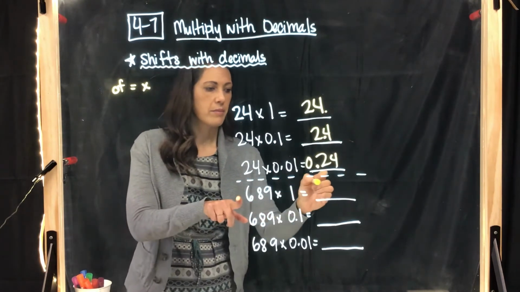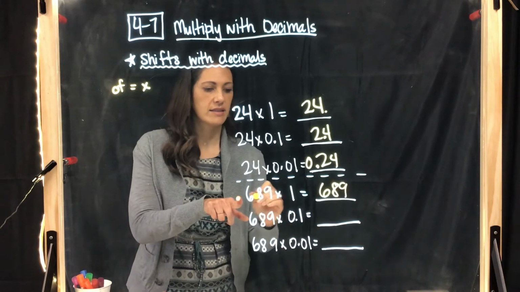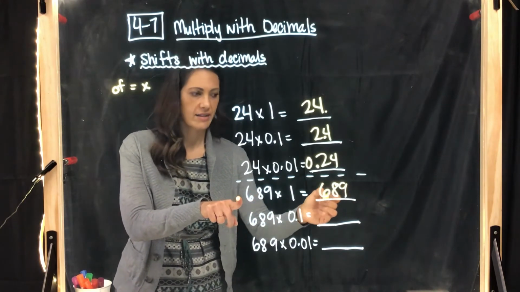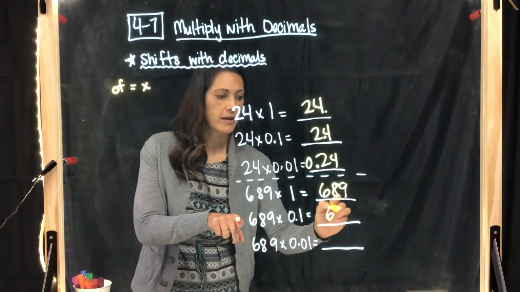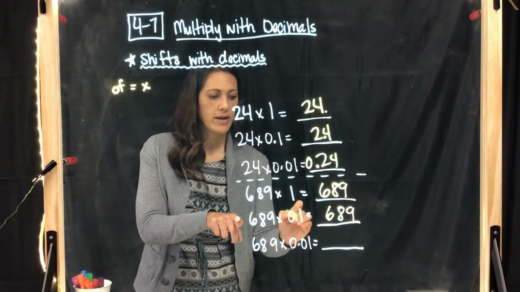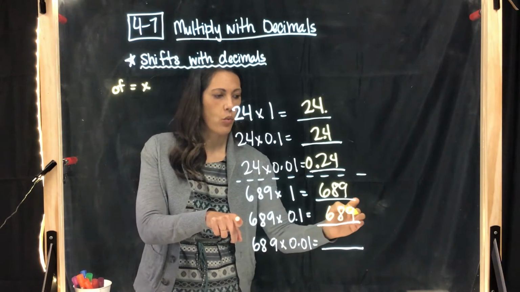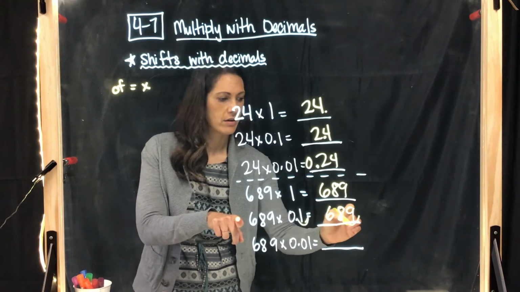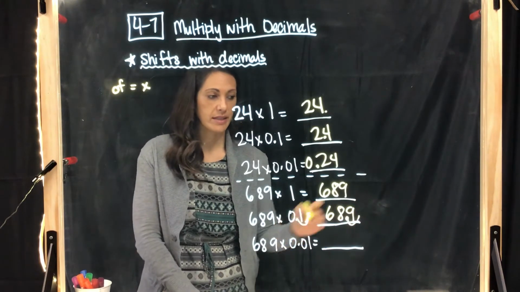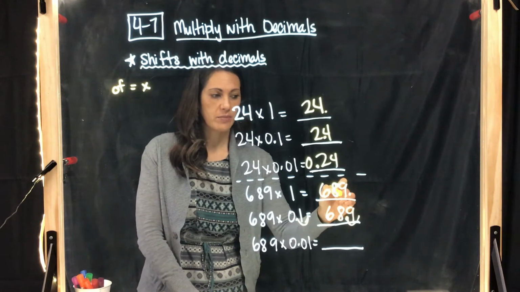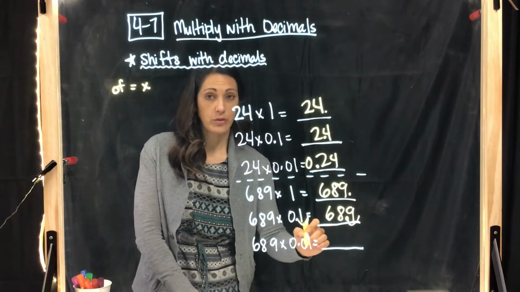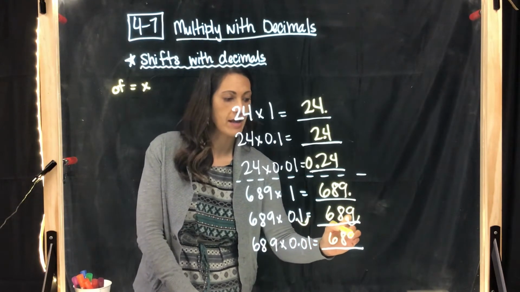Same thing here. I'm gonna write my number, 689, because 689 times 1 is itself. Then I'm gonna write the number again. And there's 1 decimal space, so I'm gonna do 1 from the back. See, 1 here, so 1 here. It's 68.9. And then if it's 100th, I'm gonna write my number again.